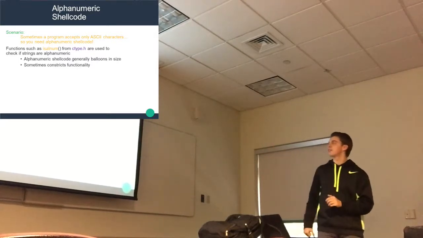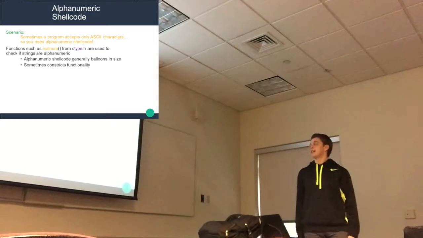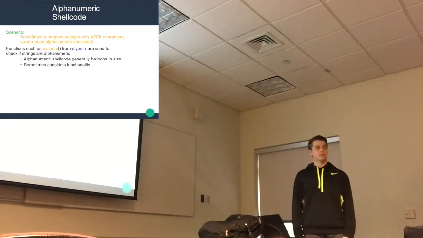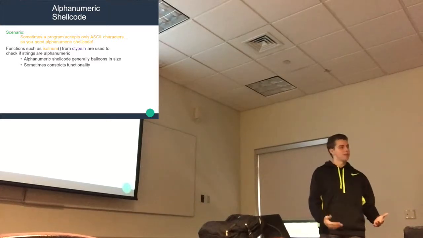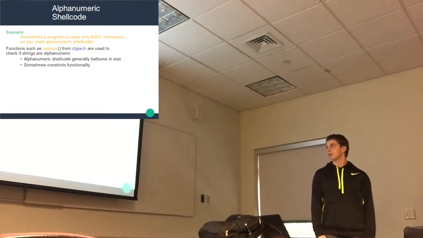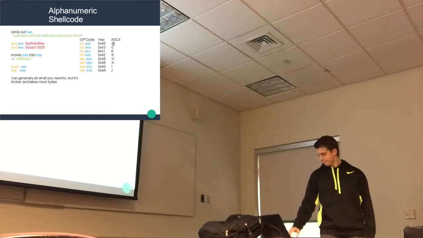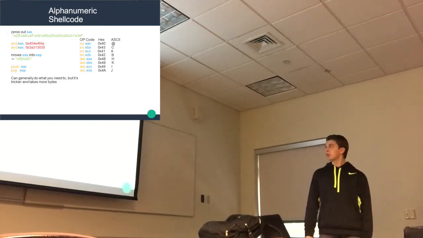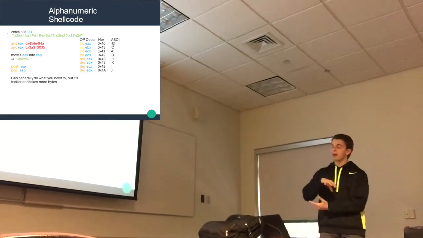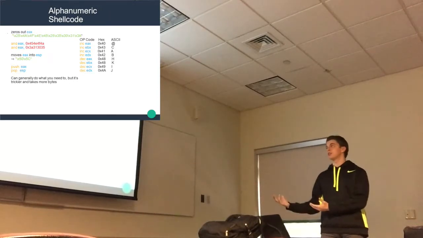And they're going to look very different on the stack, and they're not going to have those non-printable characters. Oh, sweet, I have it on here. Functions like isalnum might be used in CTF problems to see if you're passing in any non-alphanumeric shellcode, and then they would stop you right there. So this is an example of what it might look like to swap out an instruction for alphanumeric shellcode.